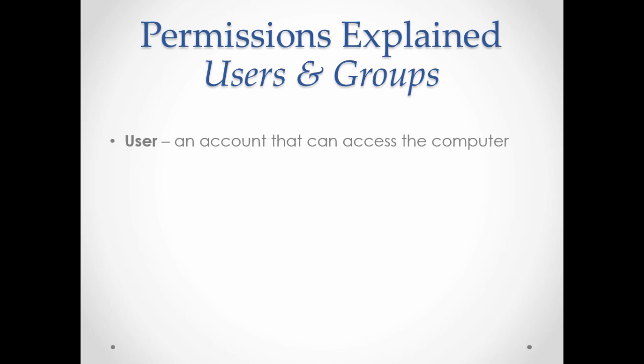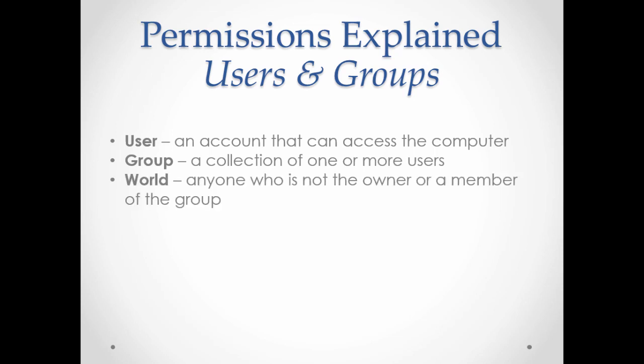In other words, you as an individual may have a user account, but it isn't always a person, as for example, the web server may also have a user account. There's a group. This is just a way of categorizing multiple users so they can be organized more easily. And anybody who isn't either the owner or a member of the group can be thought of as others or rest of the world.